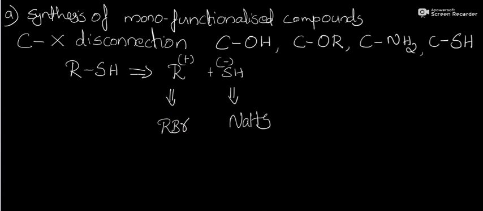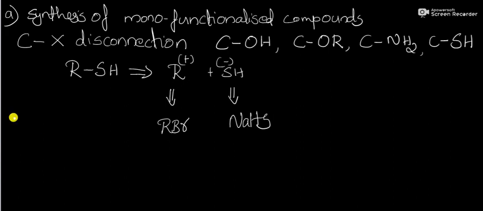In general, nucleophilic substitution reactions are carried out to form carbon to heteroatom CX bonds. Here starting materials are usually tosylates, ROTs, RX, ROCl, ROSO2R, RCOR esters, anhydrides, acid chlorides, etc. And nucleophiles will be alcohols, thiols, ammonia, OH minus, OR minus, etc.